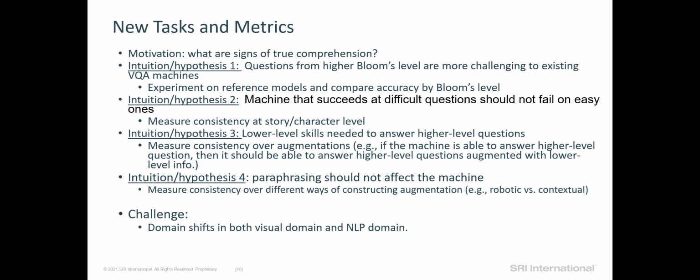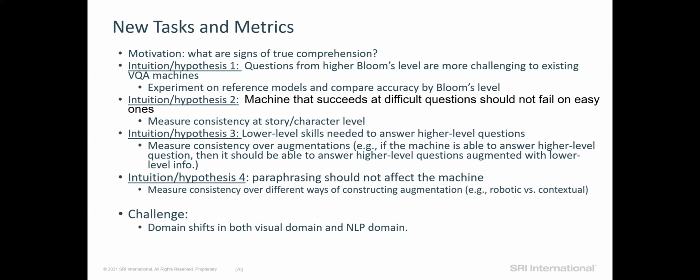And there are all kinds of consistencies here, and this is what we feel is our contribution to the state of the art, which is that we are generalizing the notion of consistency, going both bottom up and top down. Which means that if I get a difficult question right, can I get all the associated easy questions right or not? So the girl was happy, and now I ask what was the girl doing, right? And I should not say, oh, I don't know, but the girl was happy, right?